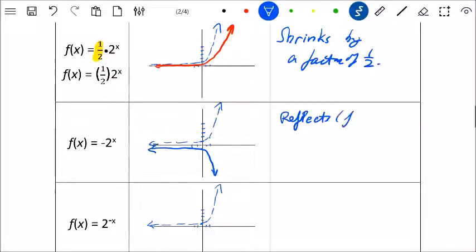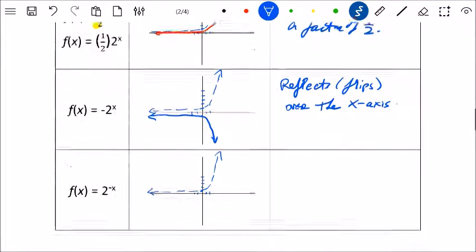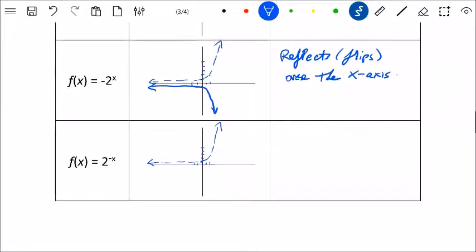Reflects, flips over the x-axis. And then, as you can imagine now, this one's going to flip over the y-axis. Okay, so reflects over the y-axis.